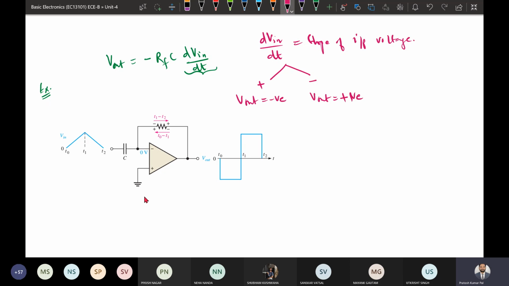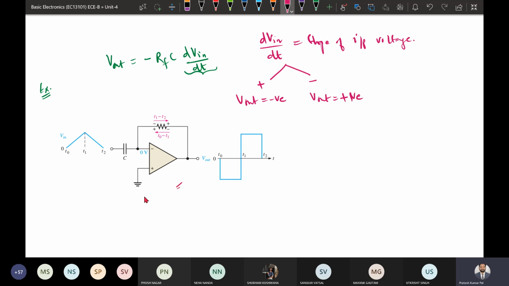So if the slope of the input is positive, the output will be negative, and that will be a constant negative voltage. For the duration between t1 and t2 there is a negative slope, so the output voltage that we will get is positive. So for t0 to t1 it is a positive slope, that's why between t0 to t1 we will have a constant negative output voltage.